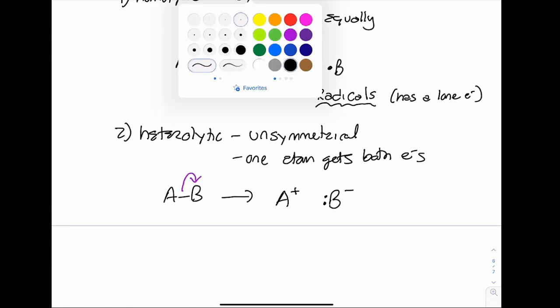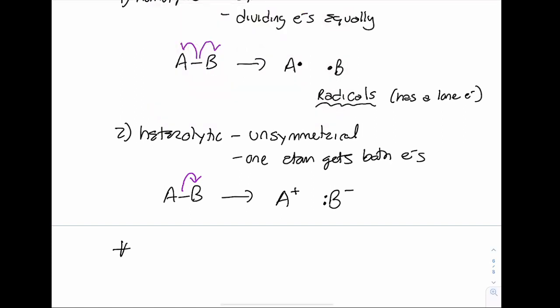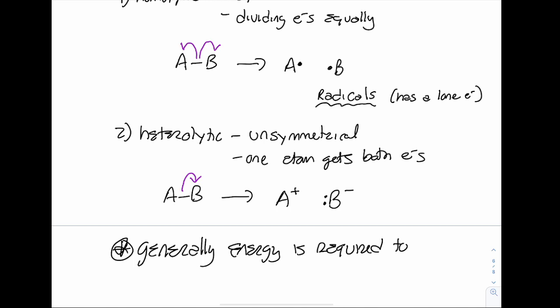Generally, we do require energy to break a bond. So both of these, I would have to put energy into it. And we're going to produce intermediates. So generally, energy is required to break a bond.